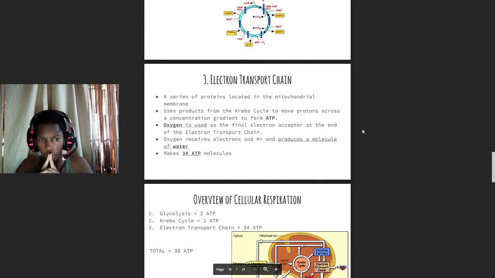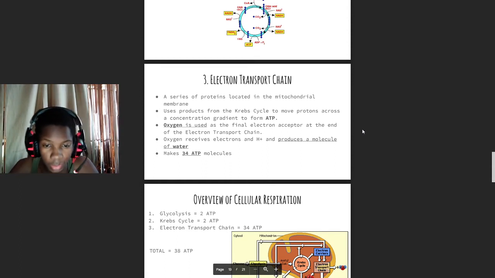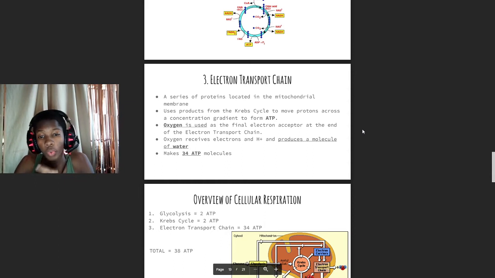We're nearing the end. The electron transport chain is a series of proteins located in the mitochondrial membrane. It uses products from the Krebs cycle to move protons across a concentration gradient to form ATP.